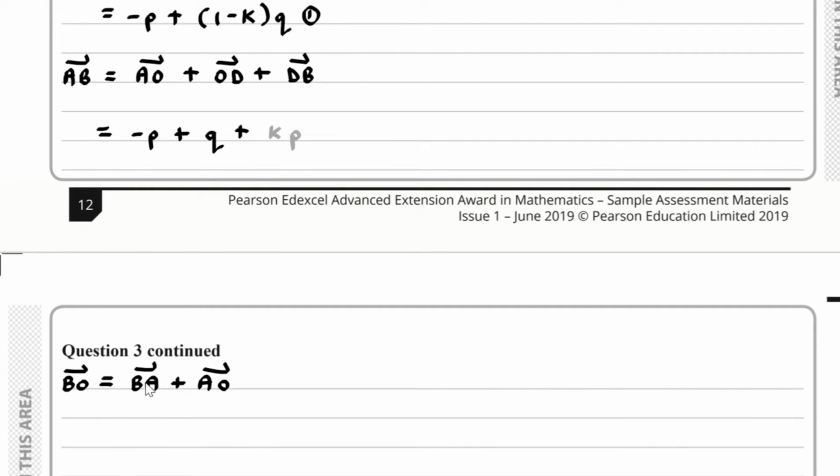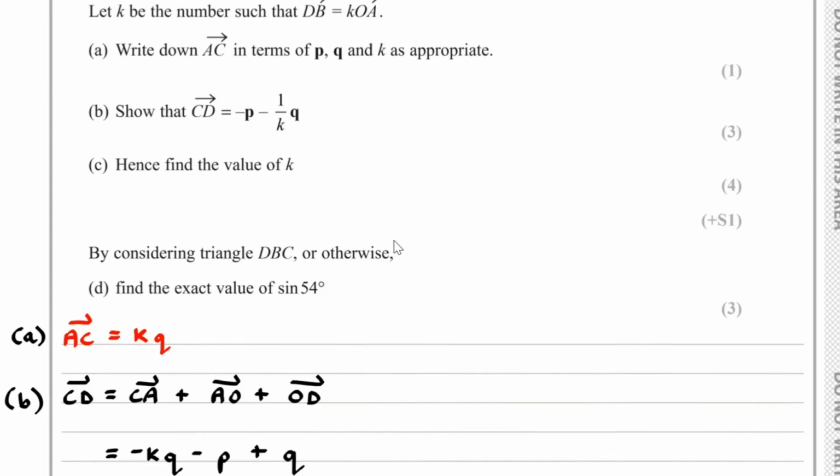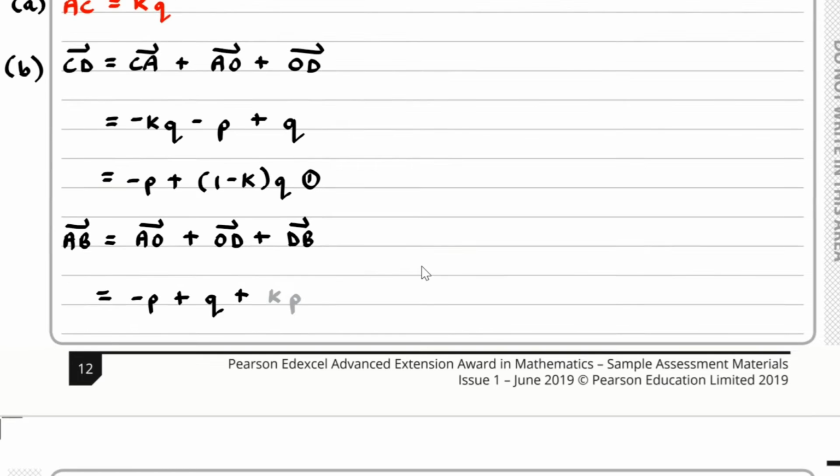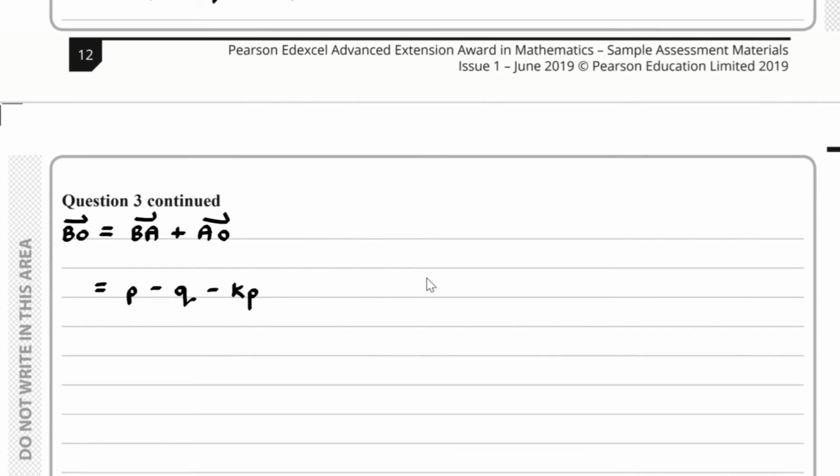So BA, well, that's the negative of this vector here. So we've got the negative of the vector here, which is P minus Q minus KP. And then we add on AO, starting at A, finishing at O, that's negative P. And this will simplify to negative Q minus KP.